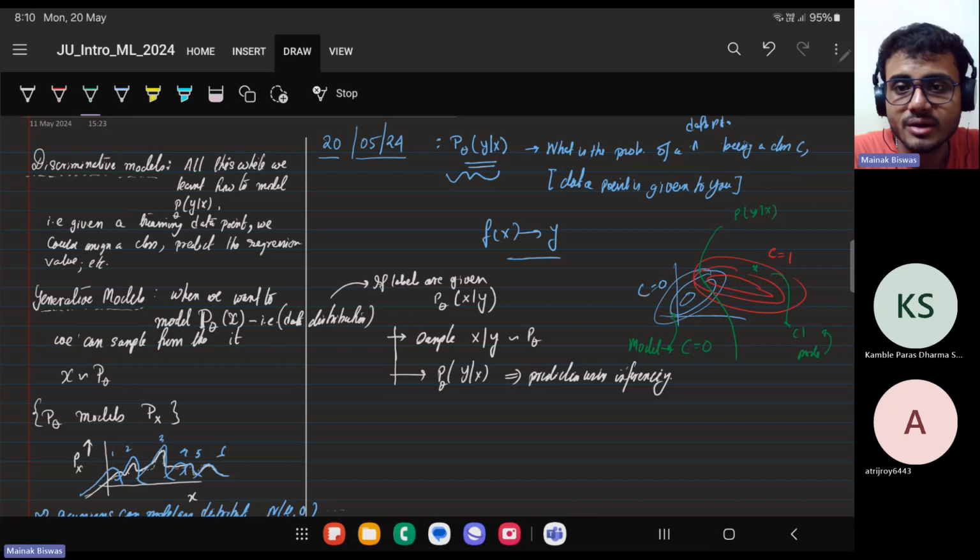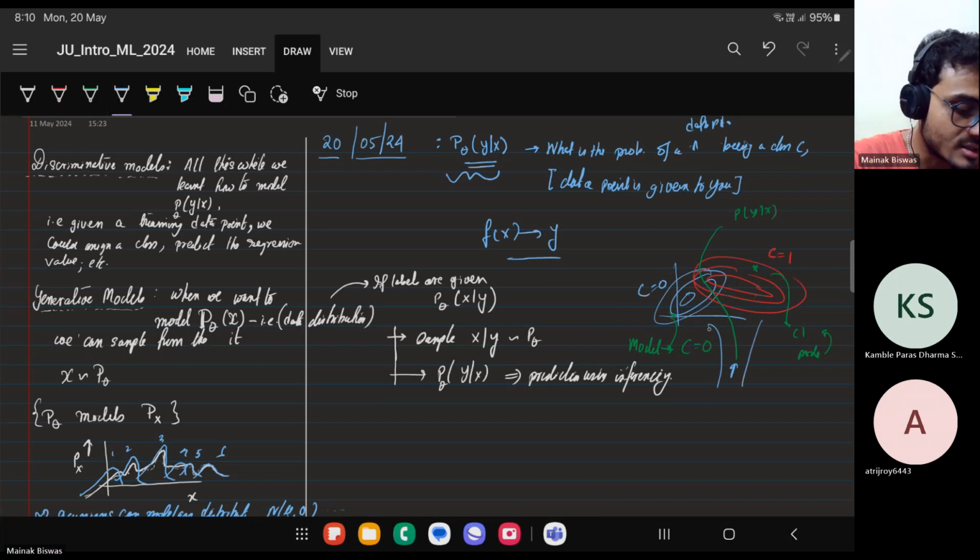But in real life, you do not know the distribution of the data. Moreover, what you have are samples of these data points. And in generative models, you try not to learn the decision boundary itself, but you try to learn these distributions themselves.